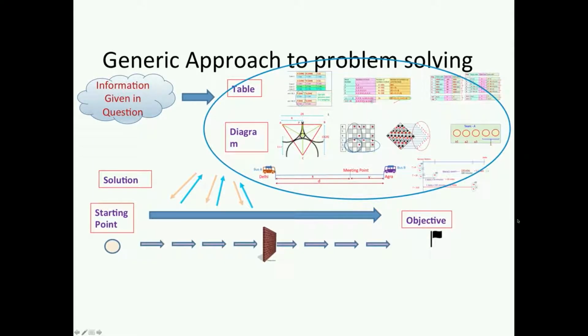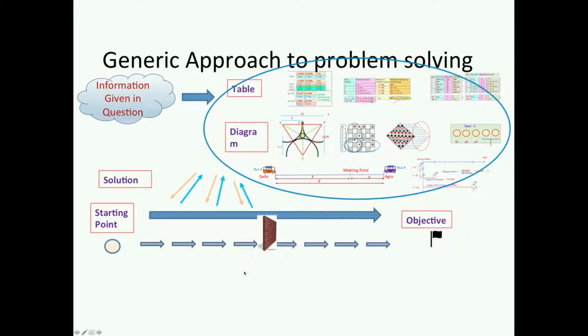Now, more often than not, the journey from your starting point to your objective will not be smooth, will not be very straightforward. You are bound to face some hurdles. You're bound to face some problems. These hurdles can be in the middle, after doing some steps, or it may be at the very beginning, or it may be at the very last step.